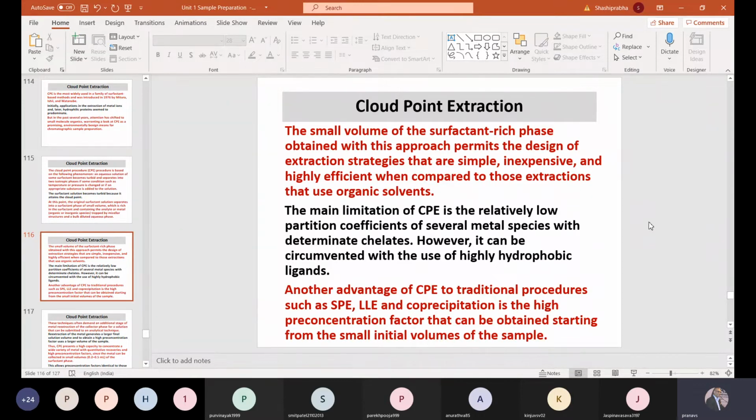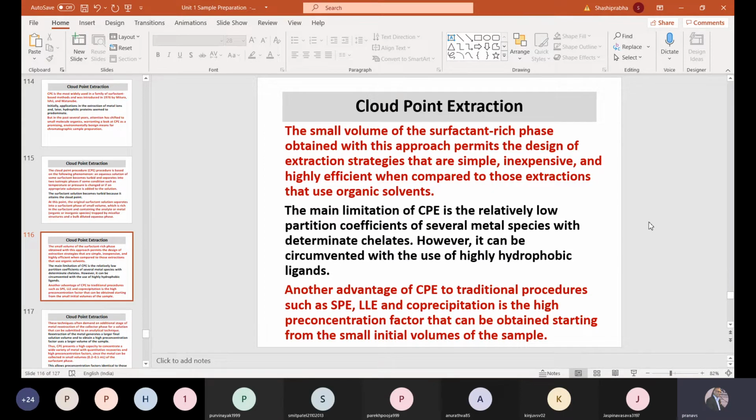The efficiency of extracting any analyte from an aqueous phase using surfactants is much higher as compared to the organic solvents which are used conventionally in different extraction procedures. मतलब कि जो extraction efficiency है surfactants की is much better as compared to using organic diluents which is present in other organic solvents.